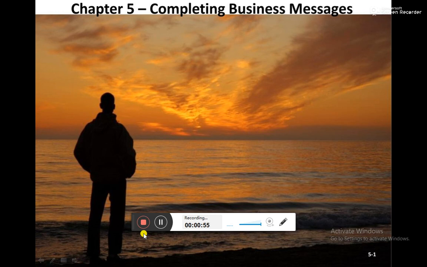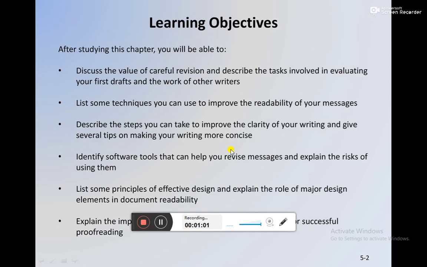Now we are beginning with the topic, completing business messages. The learning objectives are here. After studying this chapter, you will be able to discuss the value of careful revision, and describe the tasks involved in evaluating your first drafts and the work of other writers.